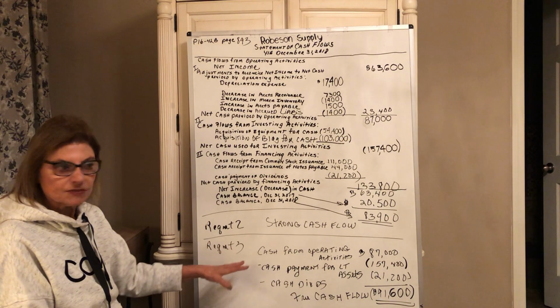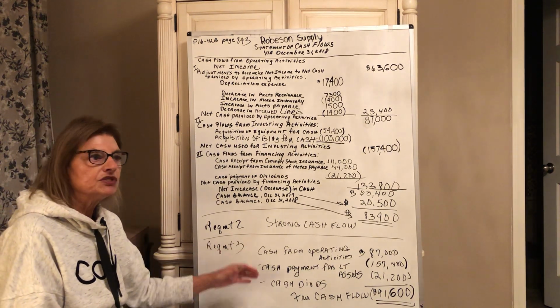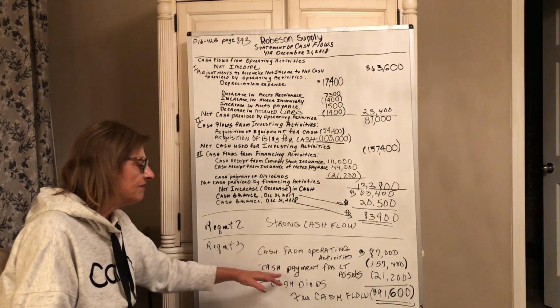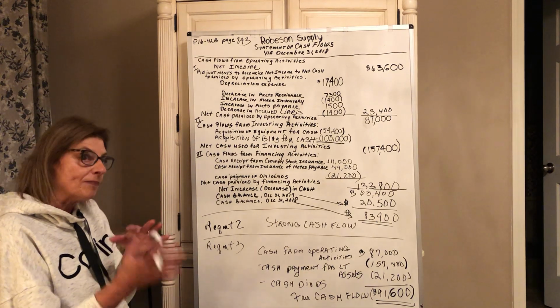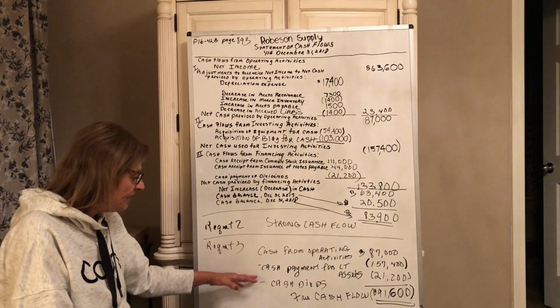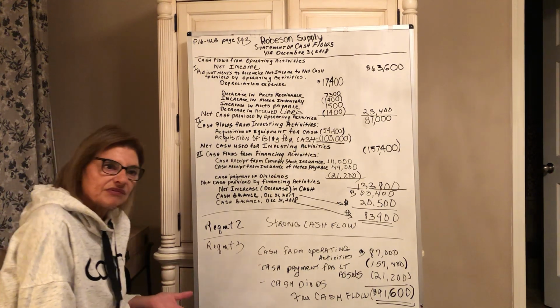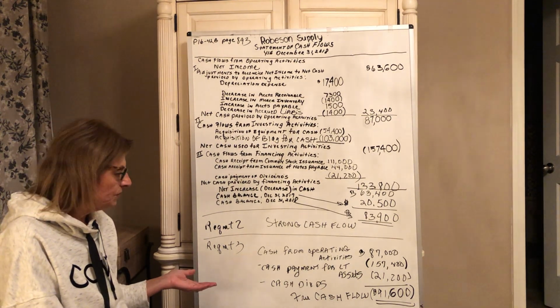But really what you're supposed to do when you do this for real, you're supposed to project for next year's planned payments of dividends or any purchases you have to make for long-term assets or payments on notes that you took out for long-term assets. What they did here is use these exact numbers, and that's not very realistic, but that's all we have to go by, so I had to do it this way.